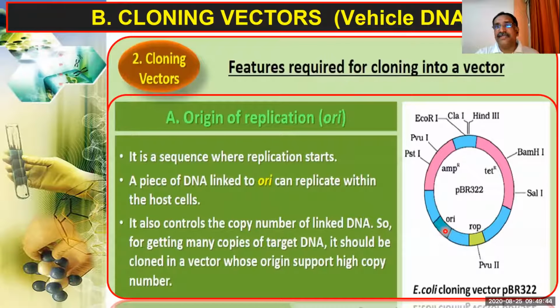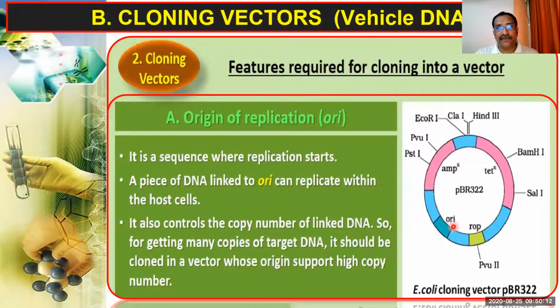And the third point is that it controls the copy number of linked genes. That means you cannot imagine that if you insert a gene over here, you will get n number of copies. You will not get it like that. That is also linked with this origin. It controls the copying of the linked genes. Sometimes you get many copies, sometimes you may not.